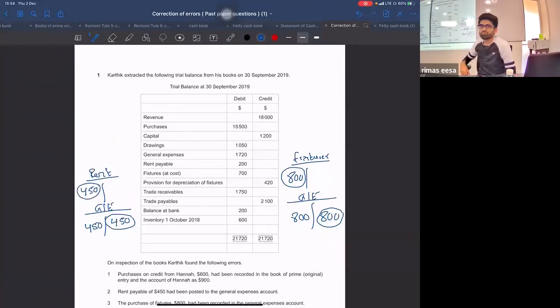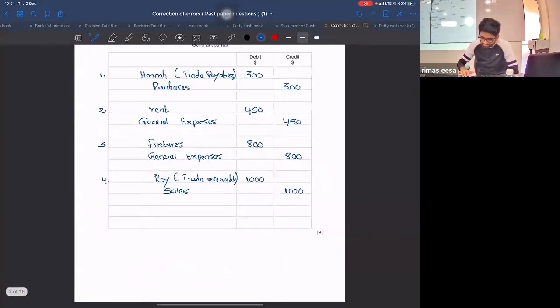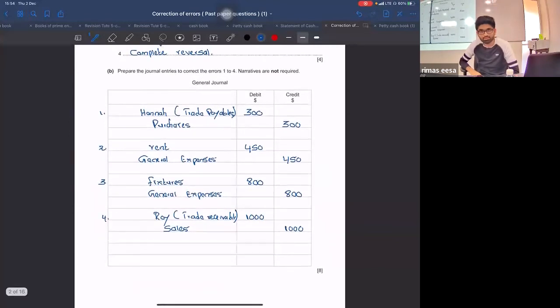How much have they given you for revenue? 18,000. You can't enter 18,000 now. Look at the journal. Did you make any adjustment to the revenue or the sales figure? Yes or no? Yes. Can you see the last point? What did you do to the sales account?